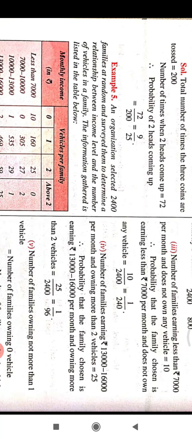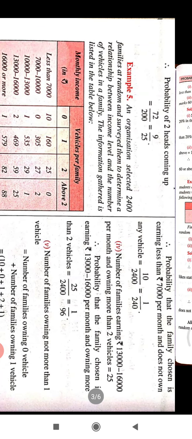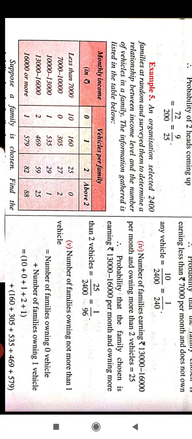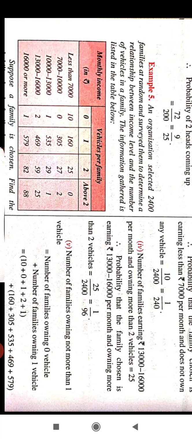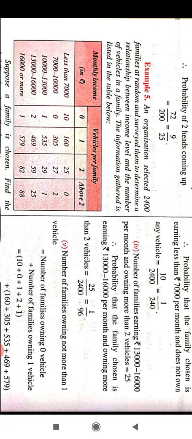Now number four, number of families earning 13,000 to 16,000 per month and owning more than 2 vehicles. More than 2 vehicles means above 2, it will be 25, we can see in the table. So 25 upon 2400.